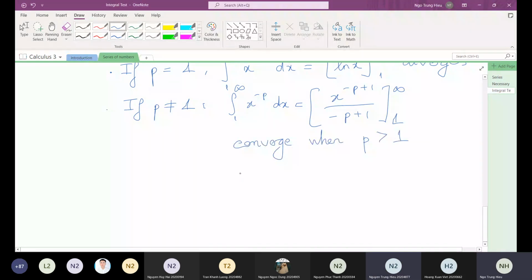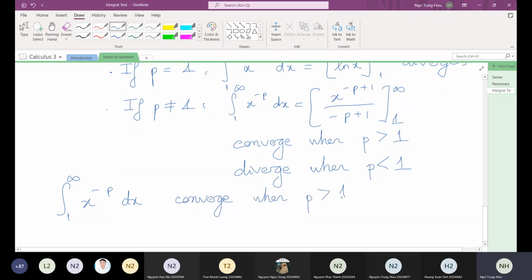That's right. And it diverges when p is smaller than 1. Very good. Thank you. Excellent. So you see that the integral from 1 to infinity of x to the minus p dx converges when p is bigger than 1, and diverges when p is less than or equal to 1, right?